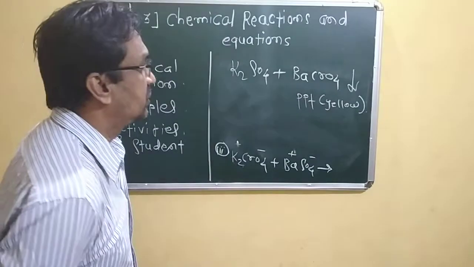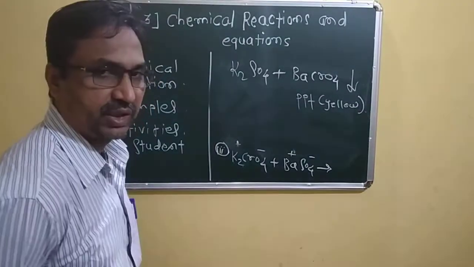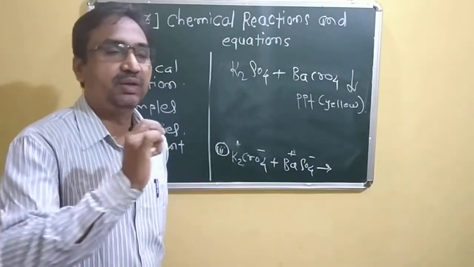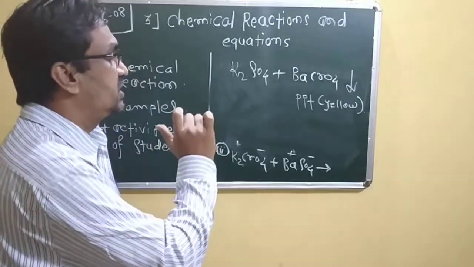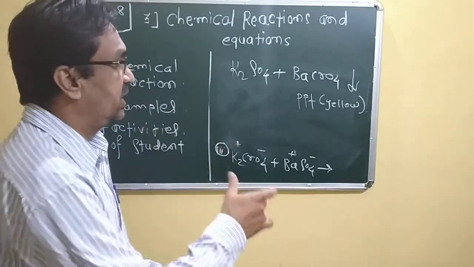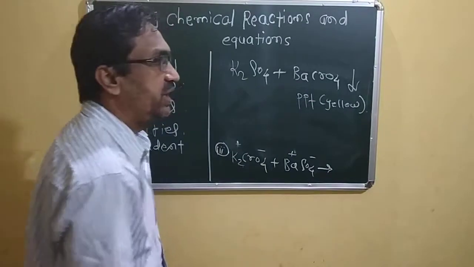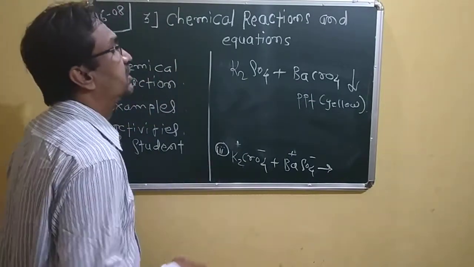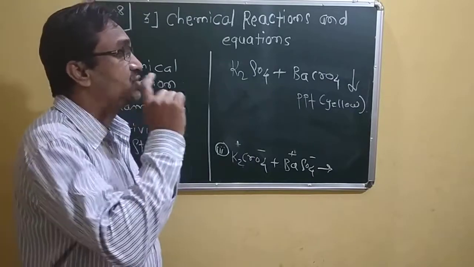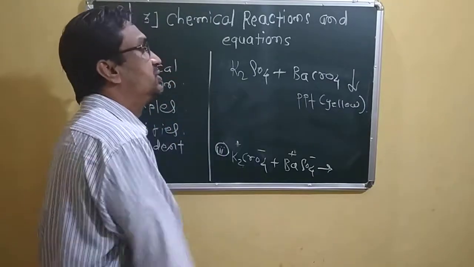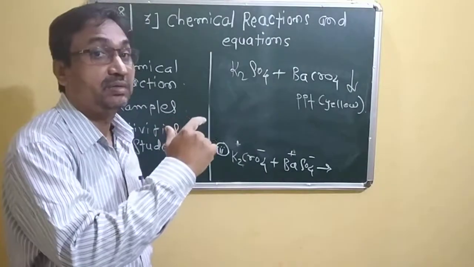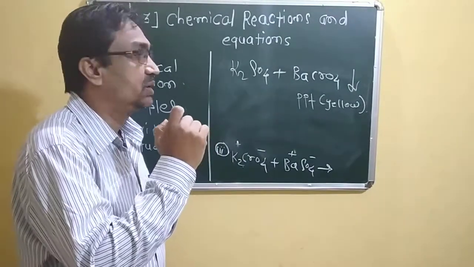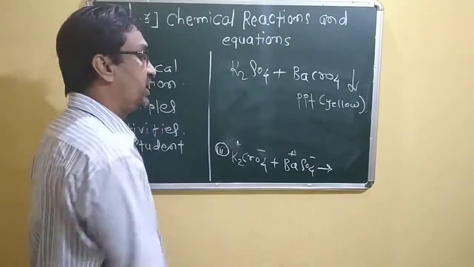So what changes do we expect? We can see by naked eye that yellow precipitate is formed. Actually we do not have to write down those reactions, but to understand what happened there we can write them down.